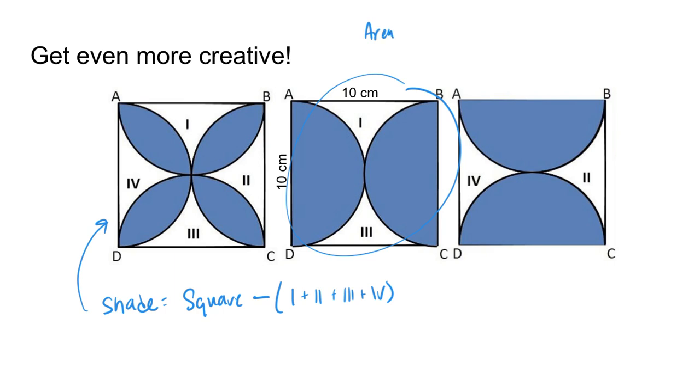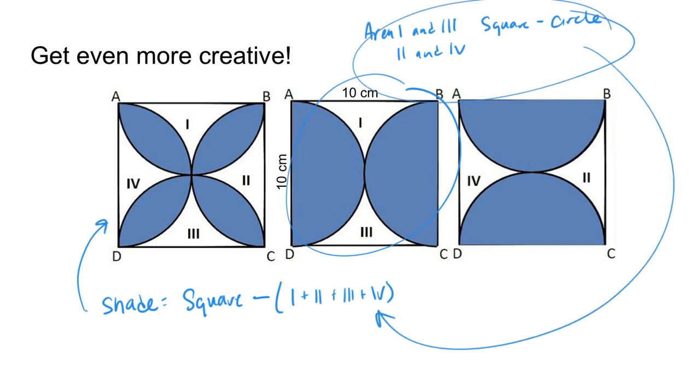Area 1 and 2 come from the square minus a single circle. Oops, I don't know how to spell circle. Circle. There we go. And the same thing's going to happen with area, that was area 1 and 3 actually. Area 2 and 4 are going to be the same. Also going to be the area of the square minus a circle. I'm going to go ahead and calculate those, plug them in, and I'll be home free.